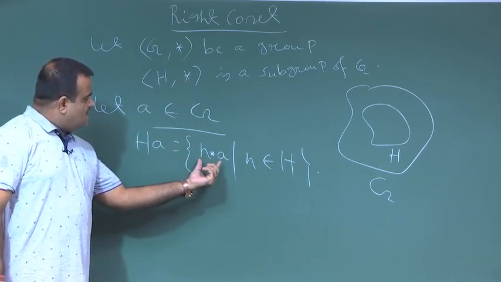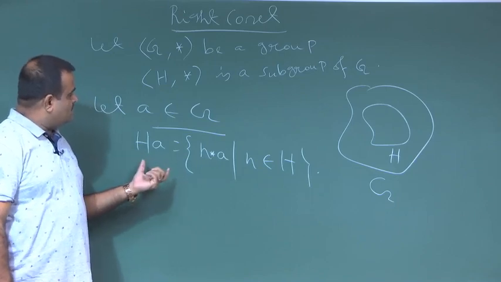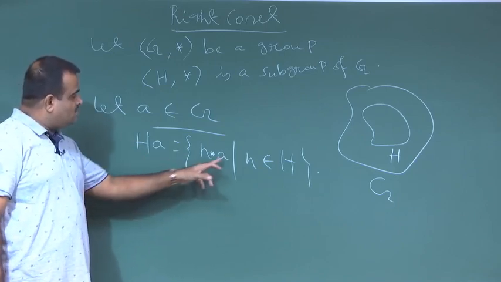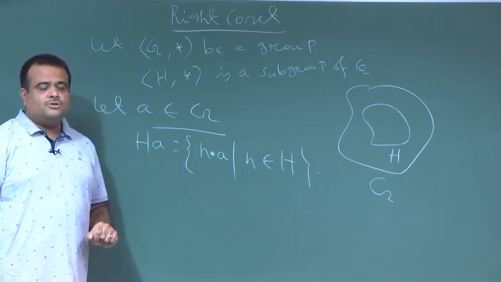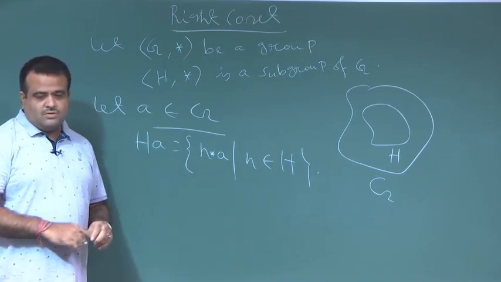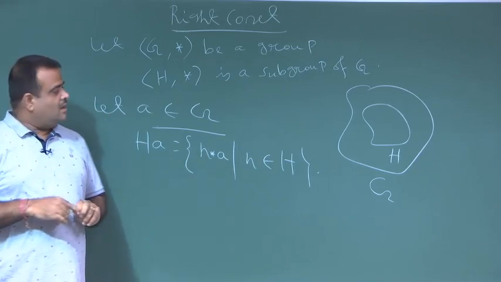Okay. So, this is the right coset. The left coset we define as aH, where the operator goes the other way around. So, this we call the right coset.